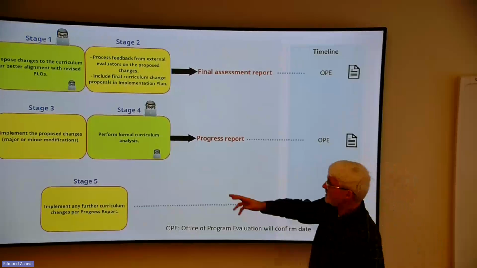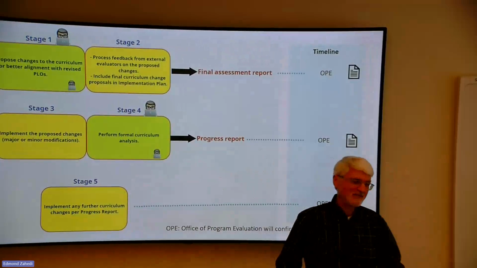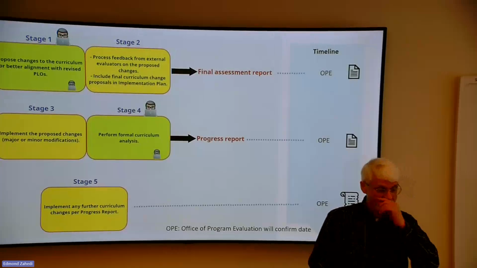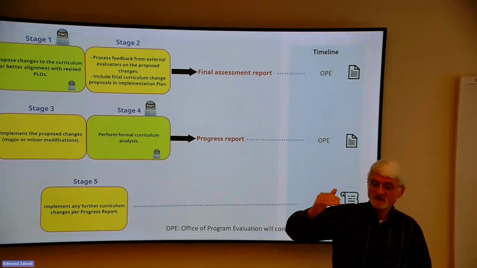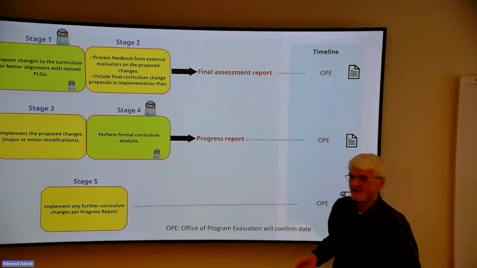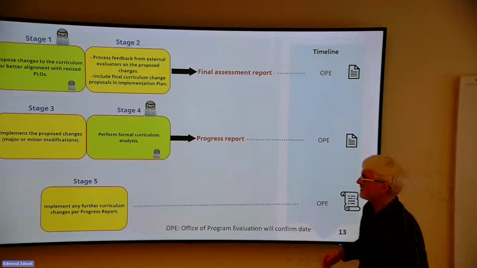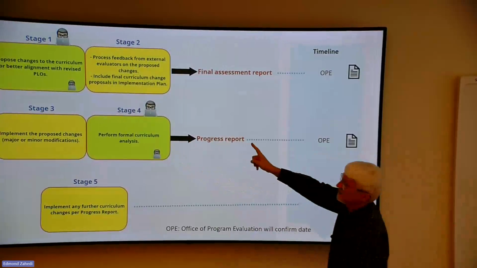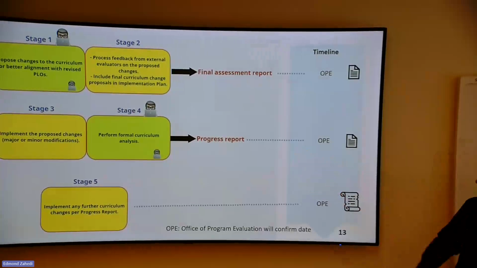So formal curriculum analysis is the heavy artillery, with questionnaire, with lots of questions. So it will take 30 to 45 minutes of professor time to answer this, because we are going to go deep into the details of how do we do things. I'm going to share with you some information. And this will be the basis for your progress report, which will be due midway, okay?